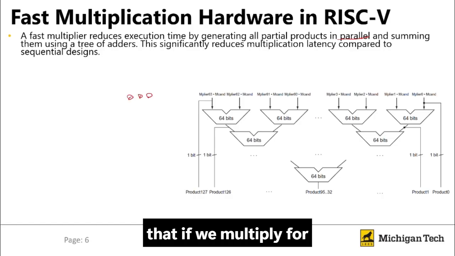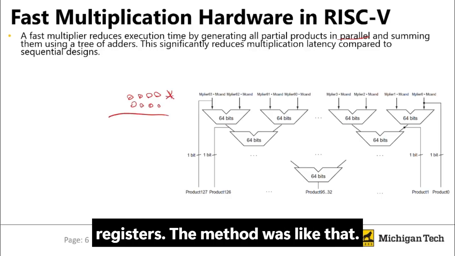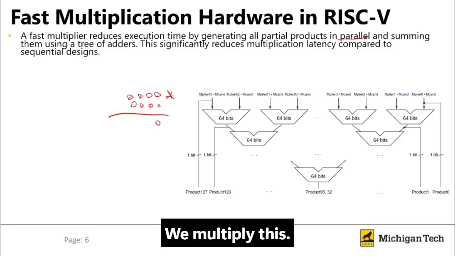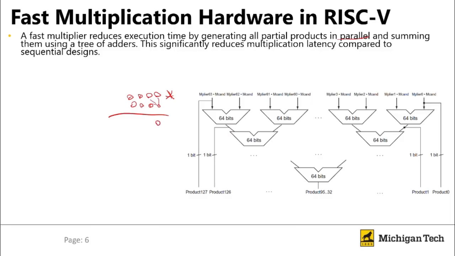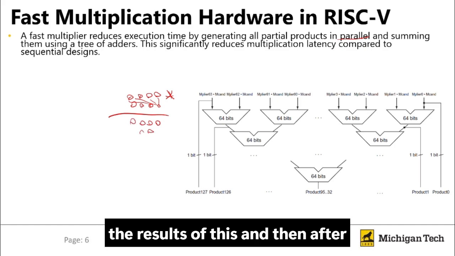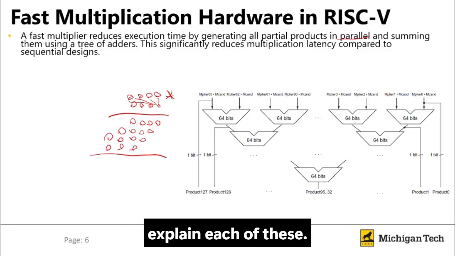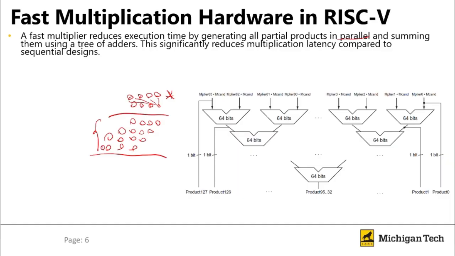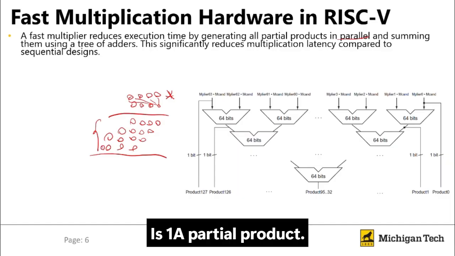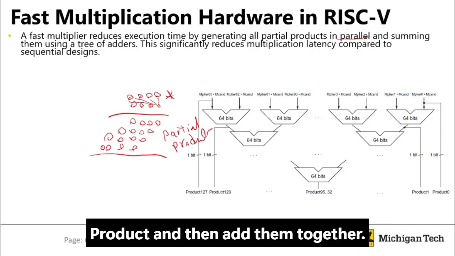If we multiply, for example, two 4-bit registers, the method was like that. We multiply this by that, and then the result of this. Then after shifting, as we explained, each of these is a partial product, and then add them together.